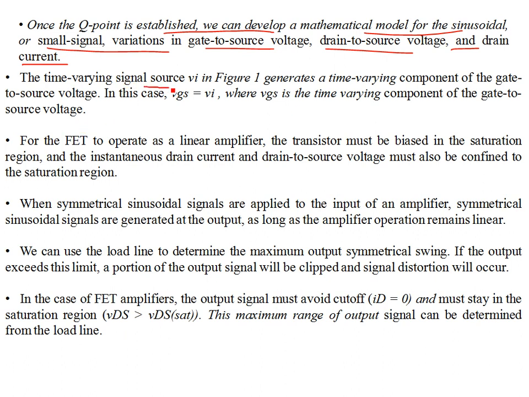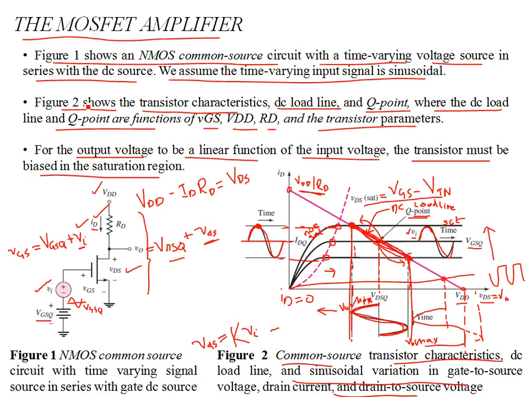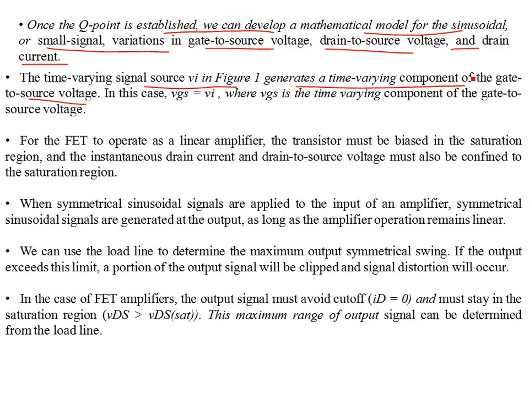The time varying signal Vi in figure 1 generates a time varying component of the gate to source voltage. We are talking about Vi meaning the input voltage at the gate, which is AC. So in this case, VGS is Vi. Throughout this discussion, you will be noting that there is a difference in notation.